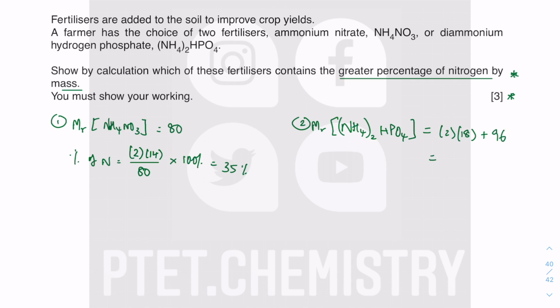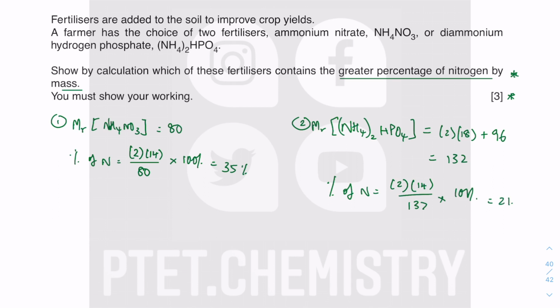So I'm trying to do my calculation step by step so that I'm not making any senseless mistake, because one mistake is all it takes. And there are also 2 nitrogen, because there's 1 in the bracket, NH4, and there are 2 of them, so altogether there are 2 nitrogen in the whole compound. So 2 times 14 over 132 times 100%.